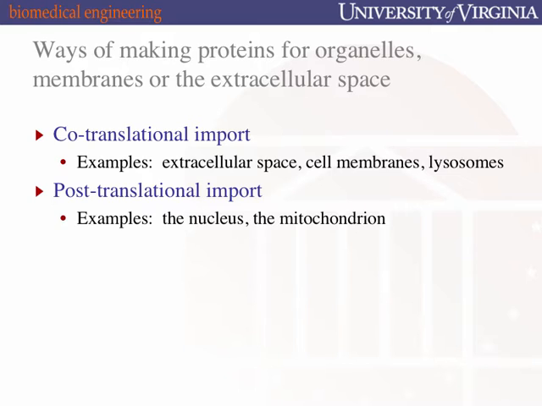That was a lie. There are other things that are happening to that translated polypeptide and the mRNA that are important for proteins that need to get eventually secreted into the extracellular space, localized to cell membranes like transmembrane receptors, as well as for proteins that need to go to the lumen of lysosomes, such as lysosomal hydrolases.